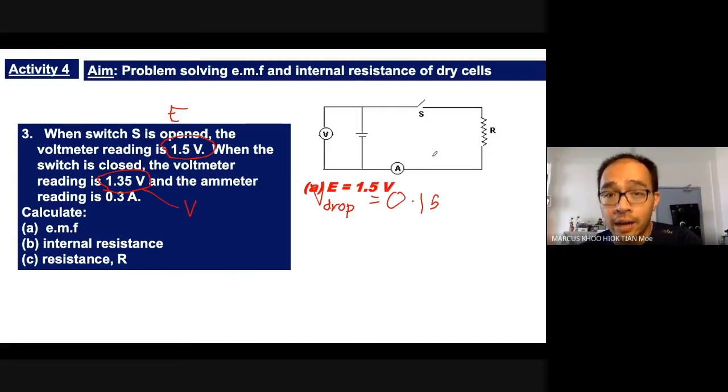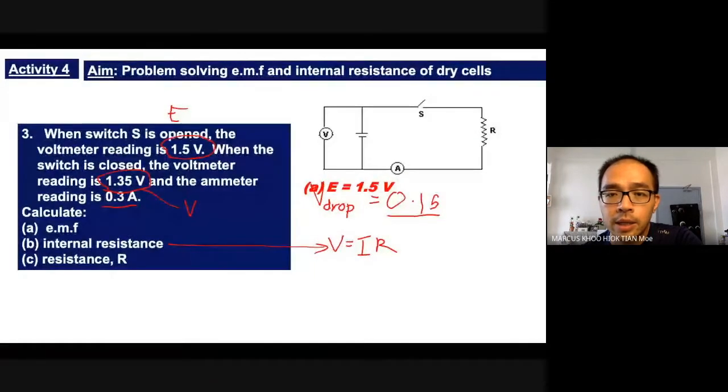Understand the situation. How do we calculate the internal resistance? We have the current and the voltage drop. What do we use? We use V equals IR. Can somebody please calculate this? Voltage drop and the current. Calculate the internal resistance for me, please.